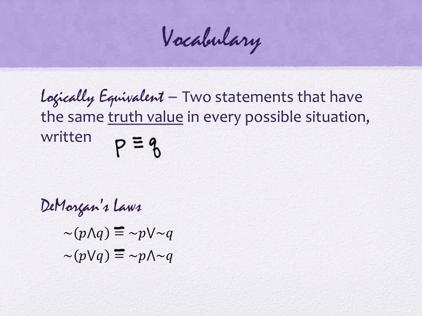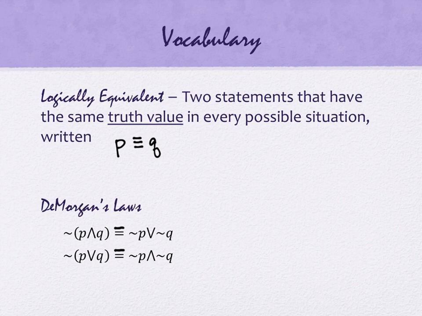But it'll become an or statement with each of the individual statements themselves also negated. And it almost feels like what you do when you do algebra and you sort of distribute a negative through something, right? So the negation comes through to the P and it makes it the negation of P. The negation actually affects the and statement and makes it an or. There it is. And then the negation comes through to the Q and makes it the negation of Q.